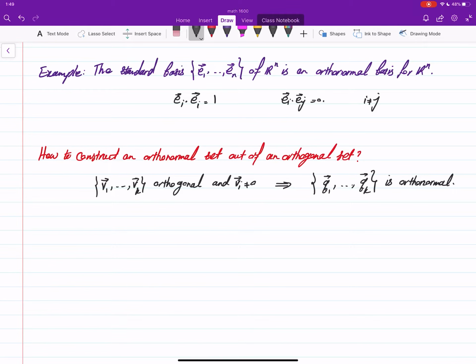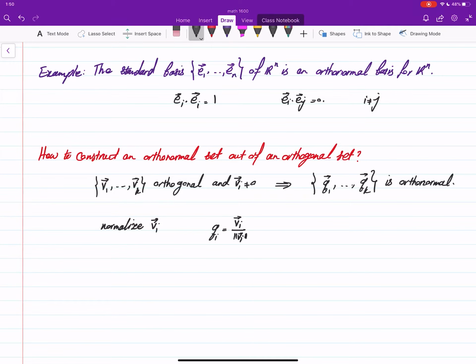This is what we call normalizing the vi's. What do we do? We multiply every vector by the inverse of its length. This is what we have been doing for a long time.